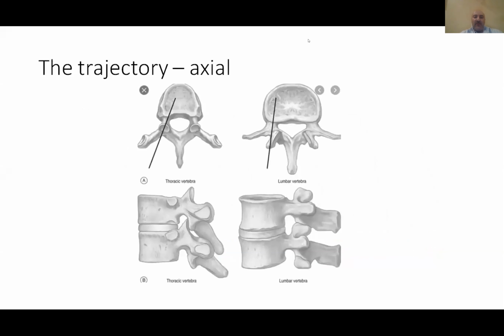It's very important to know your trajectory, the direction. You can see here the right is the lumbar. It's more vertical, but at the thoracic level, you have to go more lateral, and try to go more to the center. In the lumbar, you can go to the lateral third of the vertebra, but in the thoracic, you have to aim to go to the middle of the vertebra. This is one of the tricks.